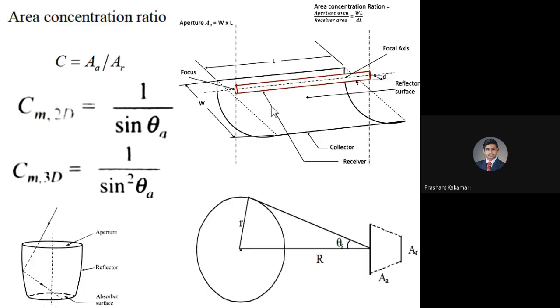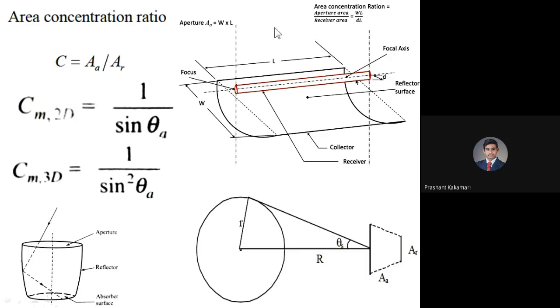Now how much is the receiver area? It has the bottom area as well as the top area. You see this pipe, the collector which is going to contain solar radiations, may be focused radiations or normal radiations coming from the sun. There we are going to consider the complete perimeter or the outer surface area of the pipe, because on the bottom side the solar radiations are reflected there, and on the top side the normal solar radiation comes without any reflection or focusing.